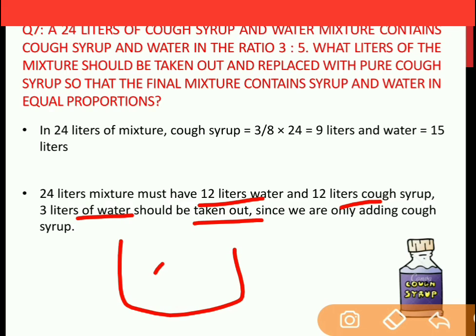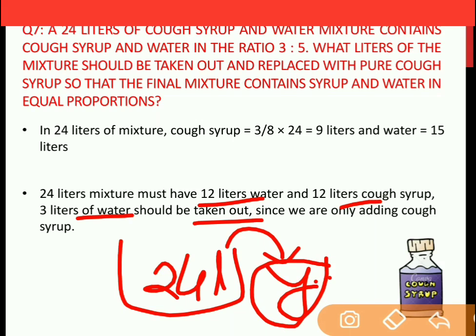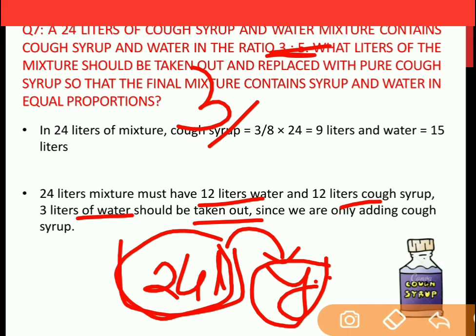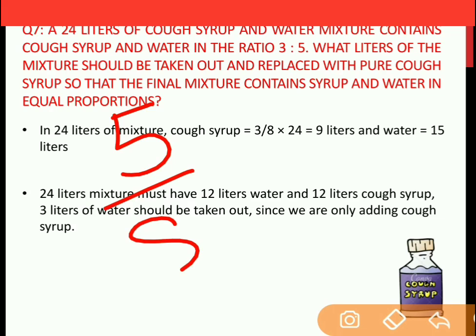Now in this mixture, we can't take out only water. Understood that we have to take out the mixture, not water. But the mixture which is taken out should be such that it contains 3 liters of water. The ratio of syrup to water is 3:5, so the amount of water in the mixture is 5 parts of the total 8 parts.